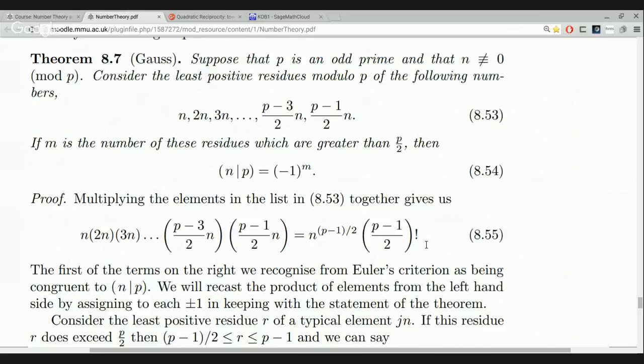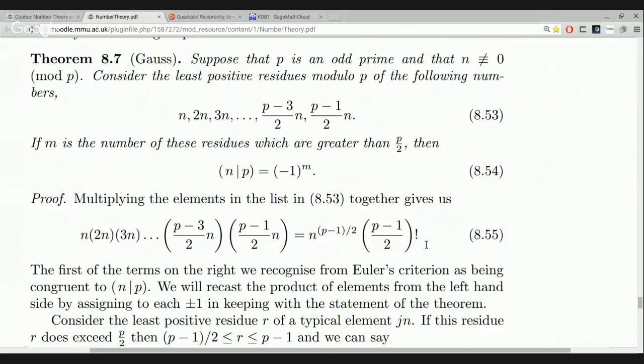So is 5 congruent to y squared modulo 13 for any y? This is the question. It's not obvious. We don't know. Maybe it is a square. Maybe it isn't. So we want to evaluate the Legendre symbol 5 mod 13, and find out whether it's plus or minus 1.